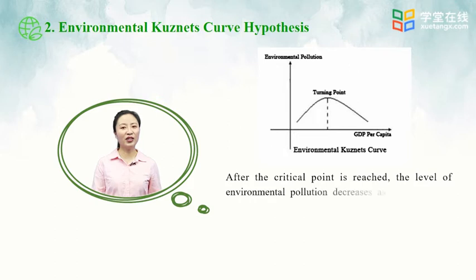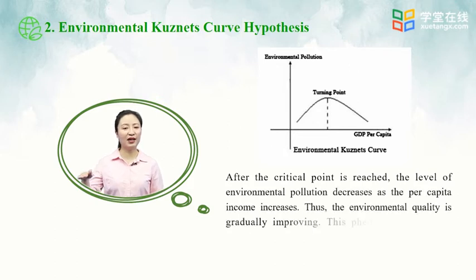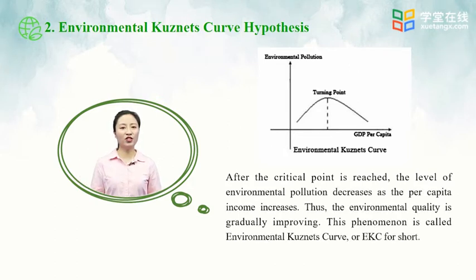After the economic development reaches a certain level, or a critical point or turning point, the level of environmental pollution will decrease. As the per capita income increases, the environmental quality will gradually improve. This phenomenon is called the environmental Kuznets curve.